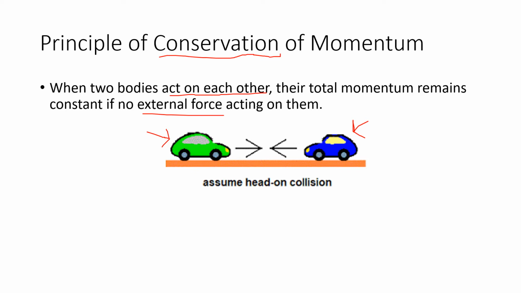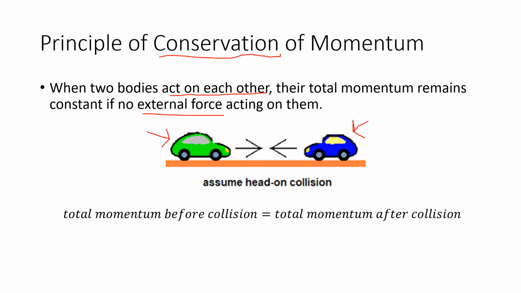During this collision and after the collision, we must know that the total momentum before collision is equal to the total momentum after collision. You need to understand this one.